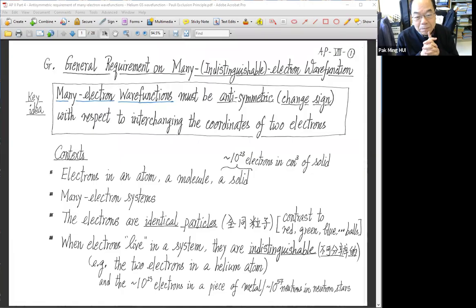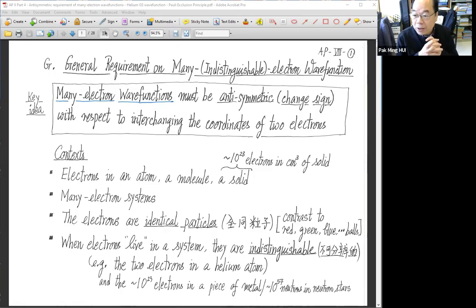But the choice of symmetric or antisymmetric, the easiest approach is to take it as an experimental fact. Although there are many theorems behind the so-called spin statistics relationship, that is within the area of quantum field theory that is beyond the scope of our course. So that is the first thing that I would like to introduce.